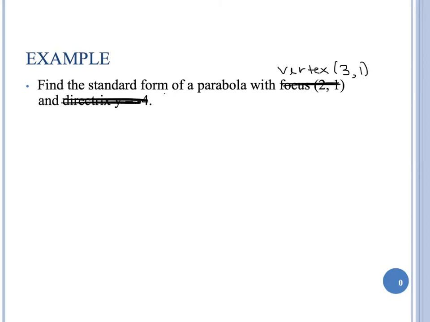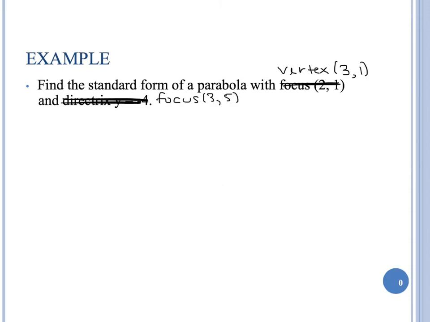We're going to have focus (3, 5). Hopefully you can read my 3. It's supposed to be a 3. So we have the vertex, and that's always nice to know.